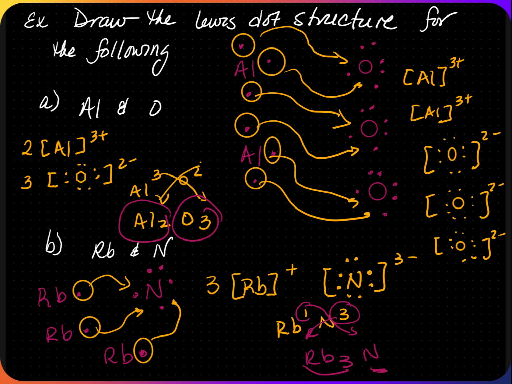So the Lewis dot structure for ionic bonds involves a metal and a nonmetal. Find the valence electrons of each of the atoms before they bond. The metals will give away their valence electrons to fulfill the octet rule by going to the next lower energy level.